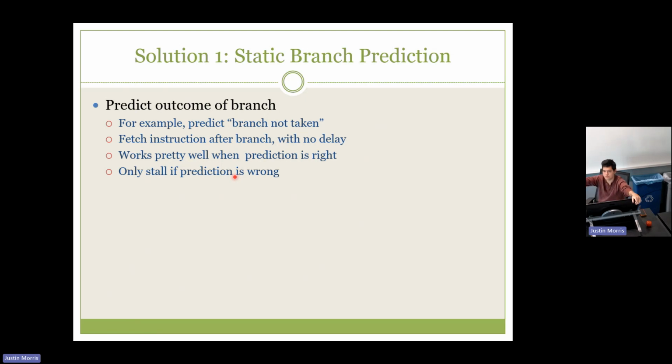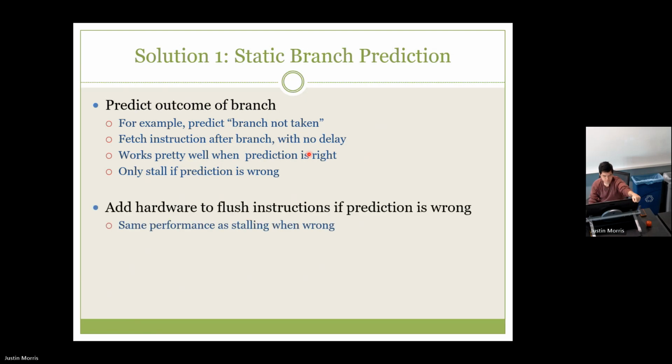They can just flow through the pipeline. But it is the same result as if you didn't predict anything, right? It's like you stalled 3 times. So when we're right, we have better performance. When we're wrong, it's the same as doing nothing. And we just need to add hardware to flush the instructions if the prediction is wrong.